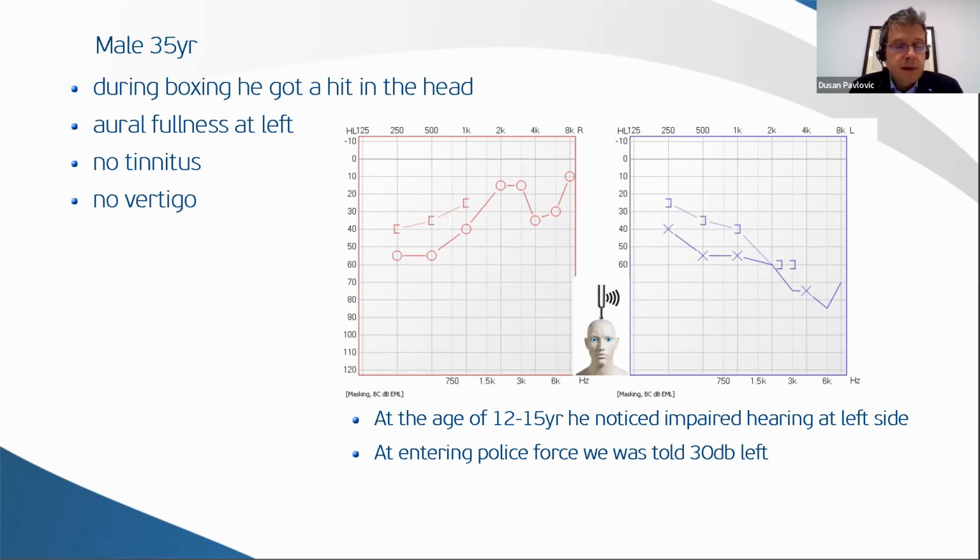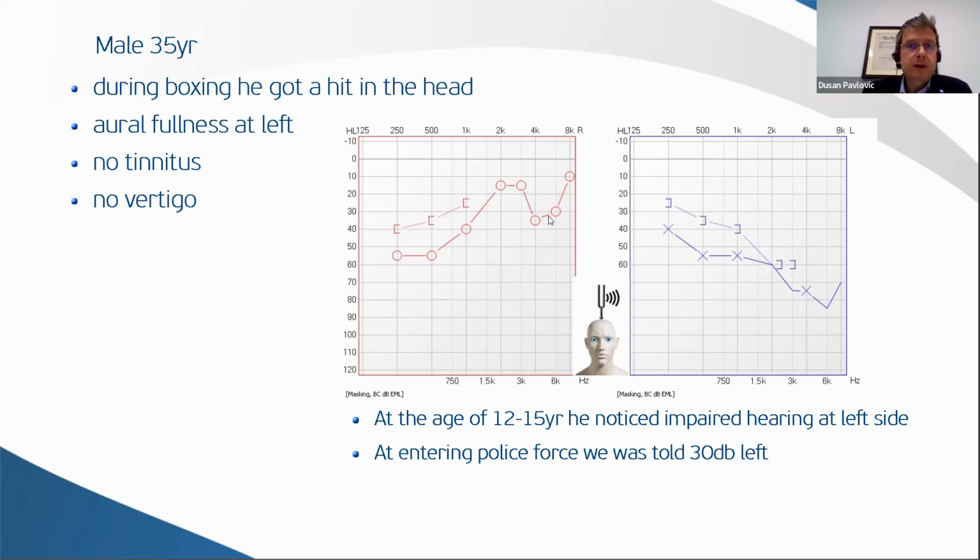man works in the police force, and you know, when you enter the police force, there are really strict criteria about hearing loss. So with that kind of hearing, he couldn't get into the police. So probably at that time he heard better, but he was told that at that time there was some hearing impairment at the left side, but I didn't see that audiogram.